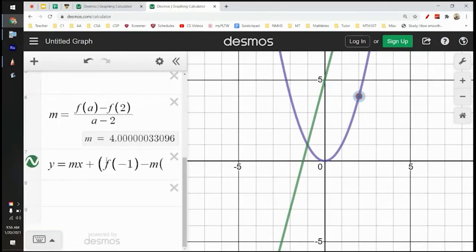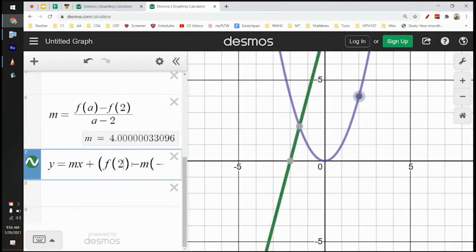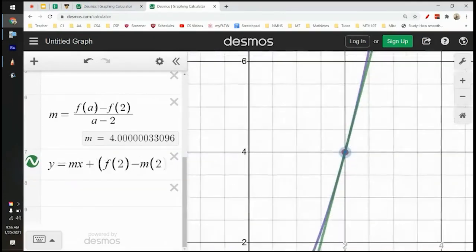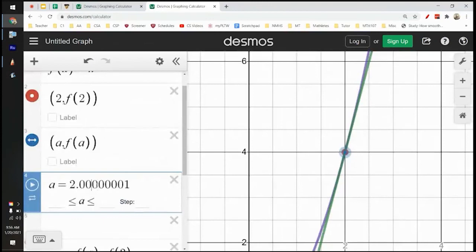And you can see it's getting infinitesimally closer to it because I did 2.001. You'll see it's getting closer and closer each time. Just have to zoom in each time.